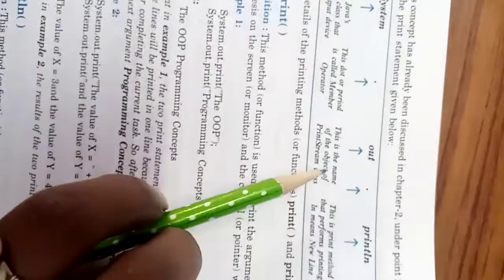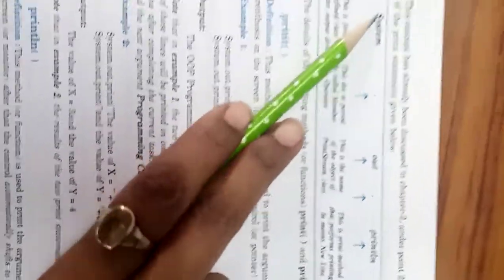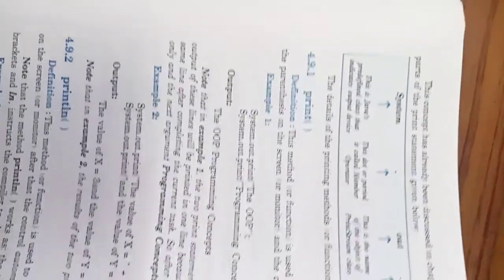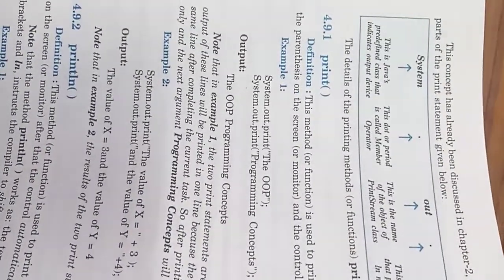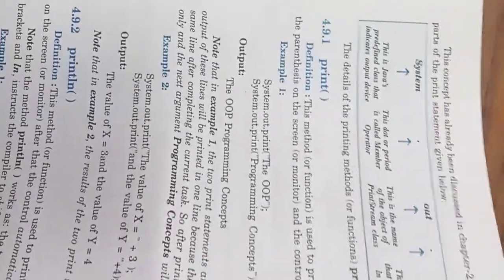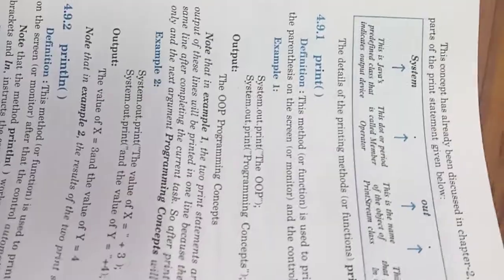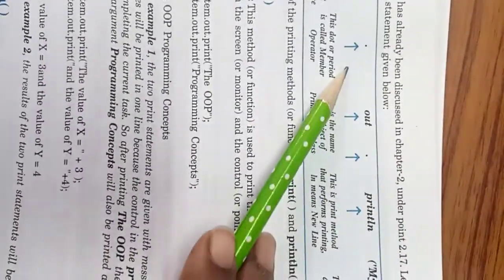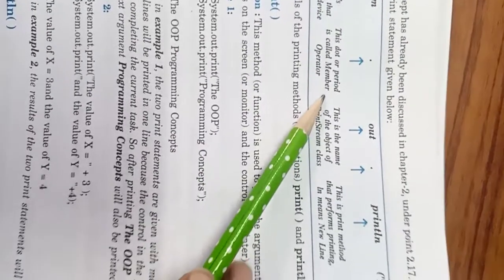System is a Java predefined class, that is why S is capital. As I told you, for predefined classes, the initial will be capital if one word is there, and if more than one word is there, then the initial of all the words will be capital. Dot is the operator, dot or period, called the member operator.